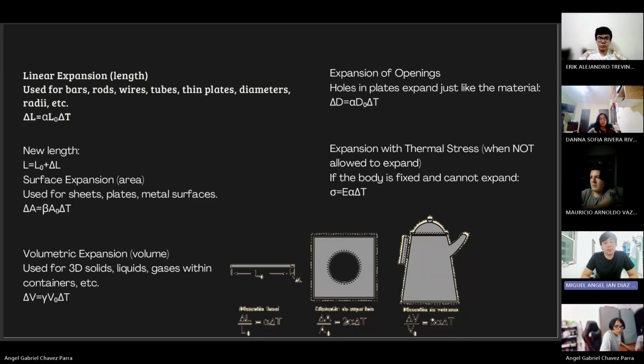For surface expansion, or area, used for sheets, plates, and metal surfaces, that would be the formula. Volumetric expansion is for volume, used for 3D solids, liquids, gases within containers, etc. And that would be its corresponding formula.